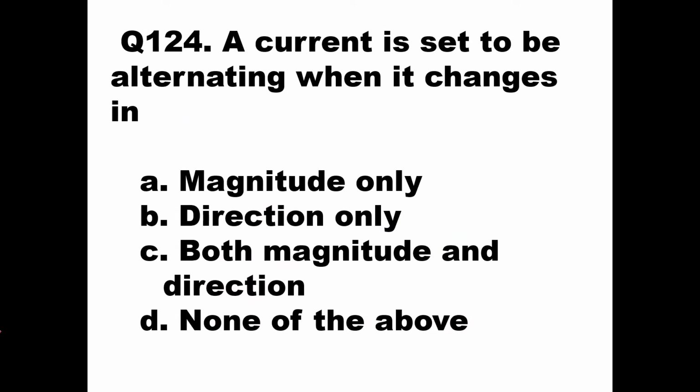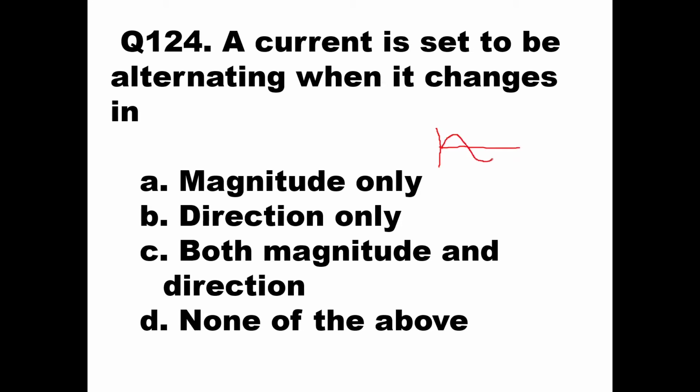Question number 124. A current is said to be alternating when it changes in magnitude only, direction only, both magnitude and direction, none of the above. Here, when we say a current is alternating, we are speaking about the positive and negative half cycle.